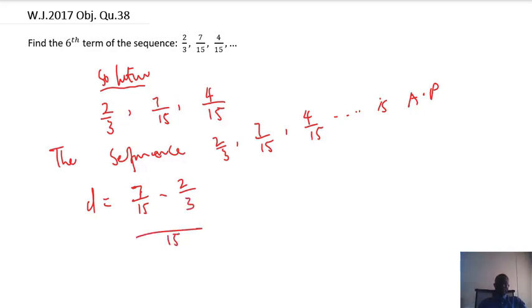Let's find the LCM, 15. So here we have 7 minus 10. Then we get negative 3 over 15, which is the same as negative 1 over 5.